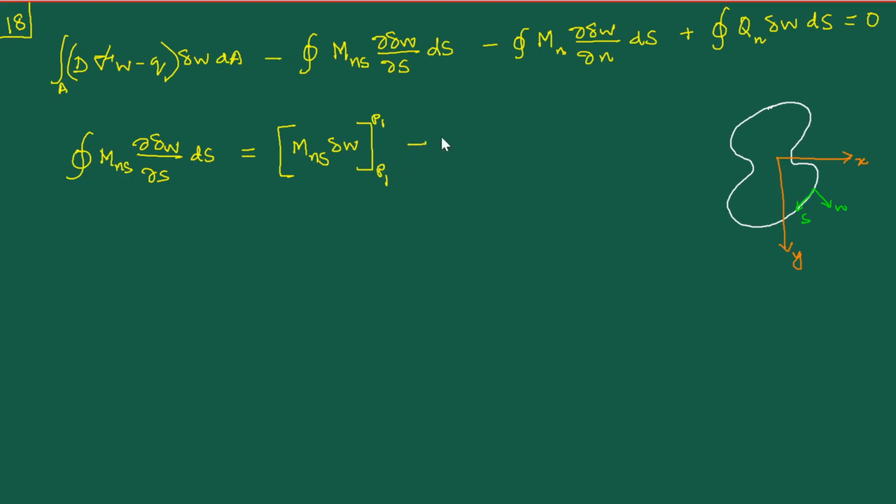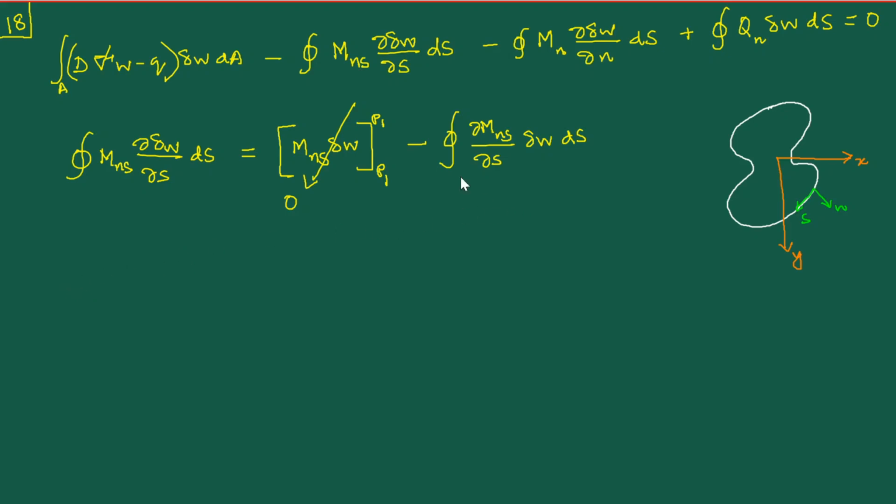Okay, so what we'll be left with is this kind of a term. All right, so this is going to be 0 for a closed contour. You understand that.